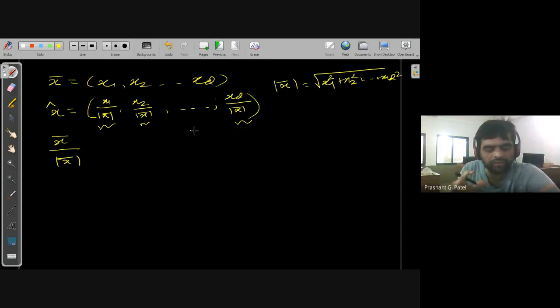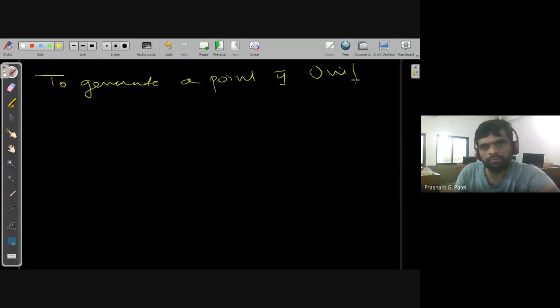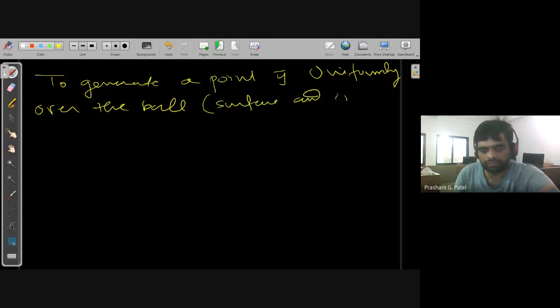So what we are doing is to generate a point y bar uniformly over the unit ball, that means surface and interior.